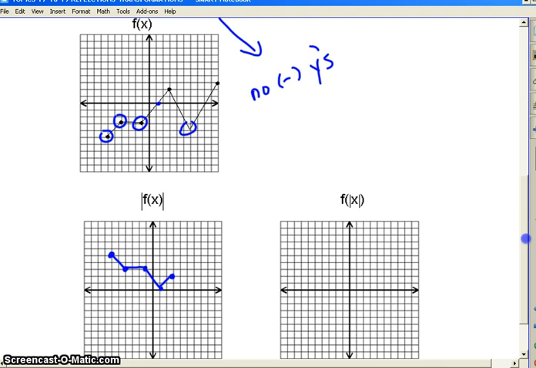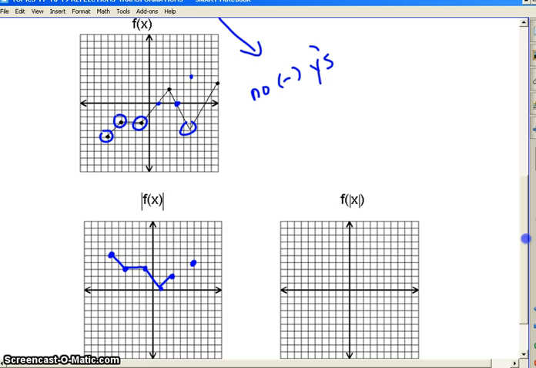Okay. And then this point that was below 0 over here, 1, 2, 3, 4, 5, 6, 1, 2, 3, negative 4. It's going to go positive 4 now. Okay. This point is going to go up to positive 4. But this point right here needs to stay there.